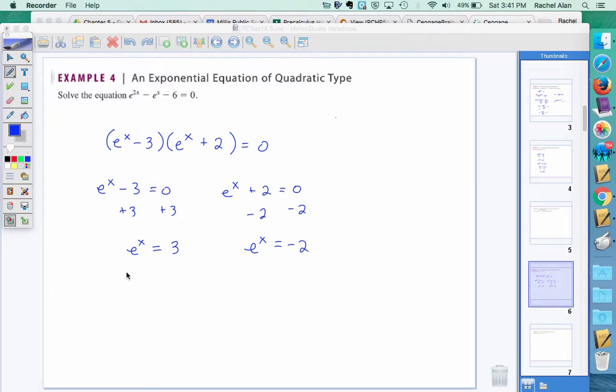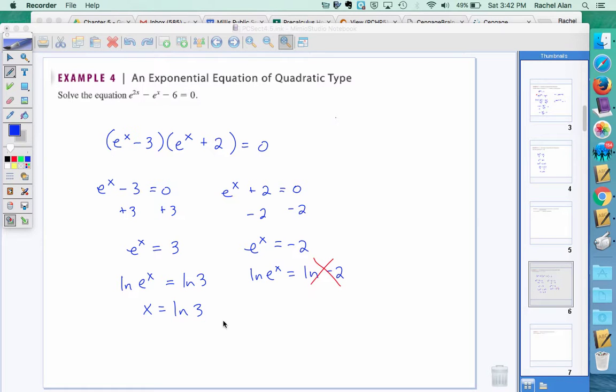So we've isolated e to the x on both of these. Step 2 is to take the log of both sides. The log of e to the x is just x. So x equals the natural log of 3. And on this one, when we try to take the natural log of a negative, that's something that you cannot do.